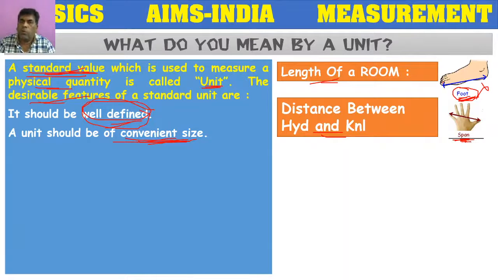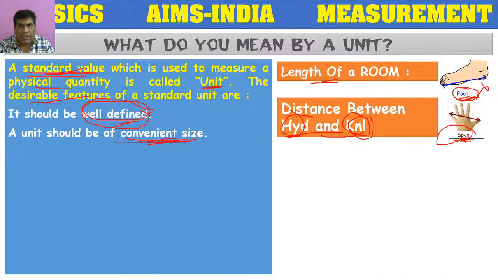If you go to the flower market and buy a garland, they will measure the length of the garland with a hand span. Nowadays also we can observe this. Now, can we measure the distance between two places with a hand span? Can we go from Hyderabad to Kurnool measuring all along with a hand span? How much time it will take? It's highly impossible.